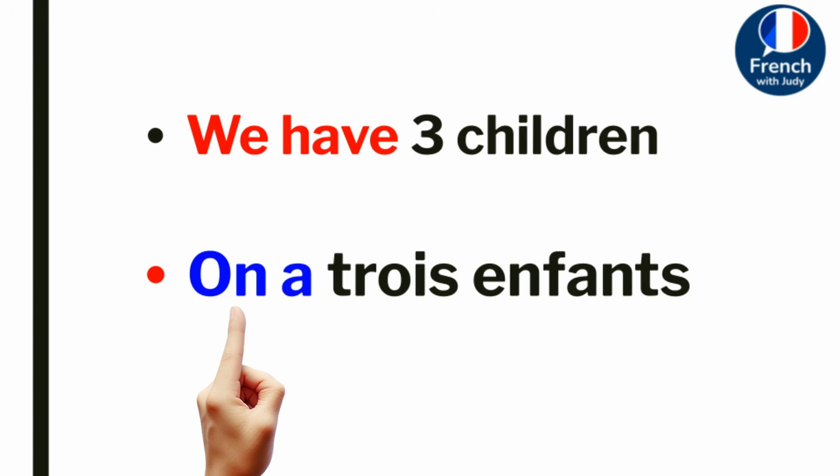Or we can use on instead of nous. On is grammatically third person singular, but when used instead of nous, it means we, and takes singular verbs. On a trois enfants.